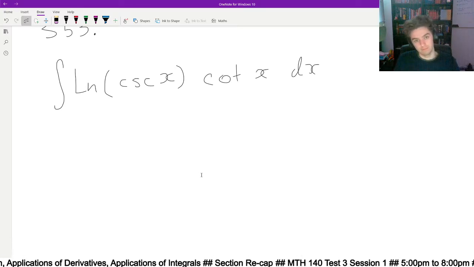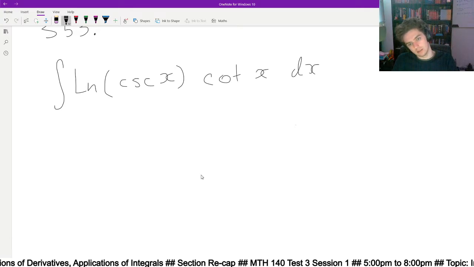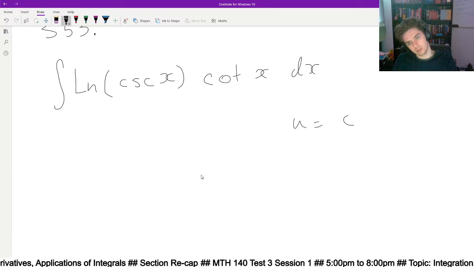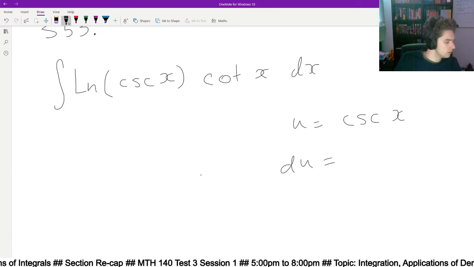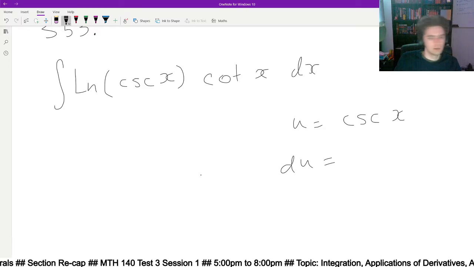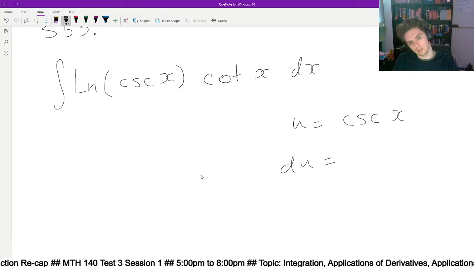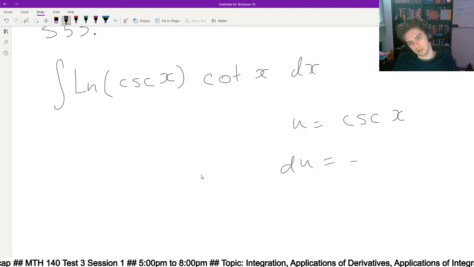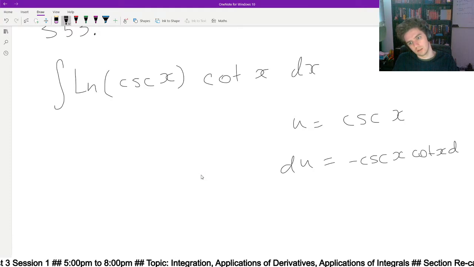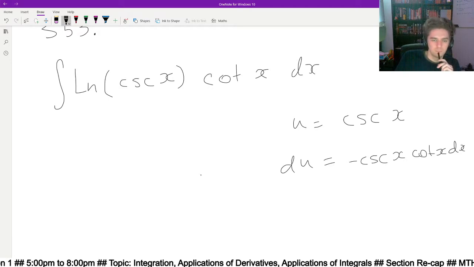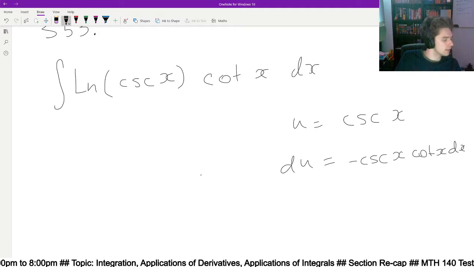Let's try. So u equals cosecant x, du equals negative cosecant x cotangent x. Yeah, and that's where we run into trouble. I'd do it the other way. Divide by cotan x, because the derivative of cotan x is negative cosecant squared.